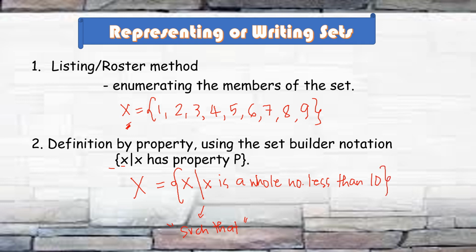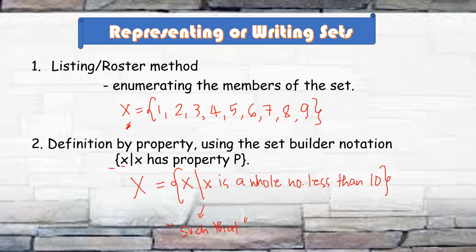So like the given we had earlier, you will just copy it in this second type of representing sets. Again, from the word itself, you just define or describe the set using the set builder notation. This is the set builder notation, the "such that."